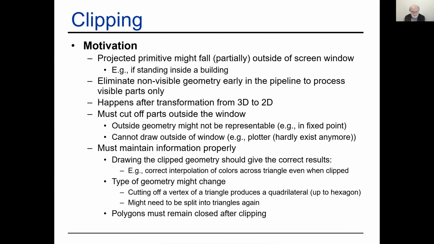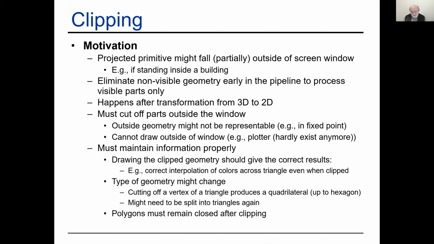But also, the algorithm that you use for drawing could handle geometry that is outside of the window, and just essentially render the part that's inside. When we talk about rasterization next, we'll see that for rasterization itself, it's not a problem to just restrict itself to painting the pixels inside the window, even if the triangle is larger than that.